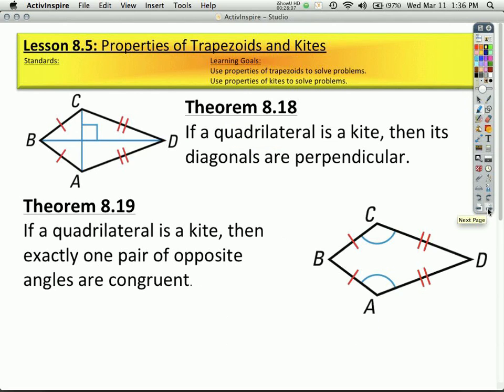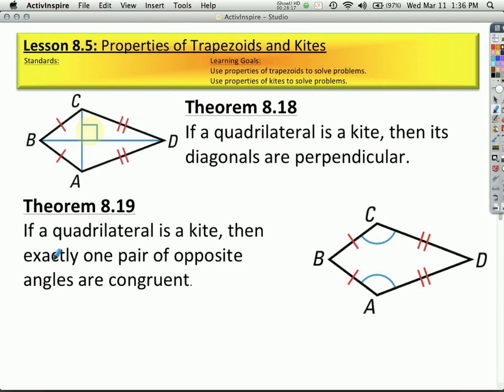Now, kites. We have two theorems. If it's a kite, then its diagonals are perpendicular. If it's a kite, then exactly one pair of opposite angles will be congruent. If you end up with two pairs of congruent angles, if this somehow ended up being congruent to that, that would actually change the shape.